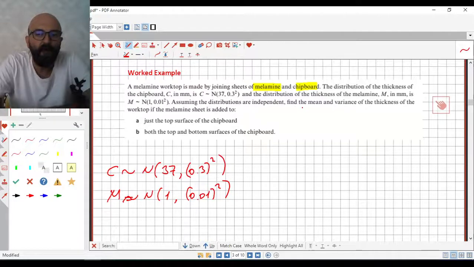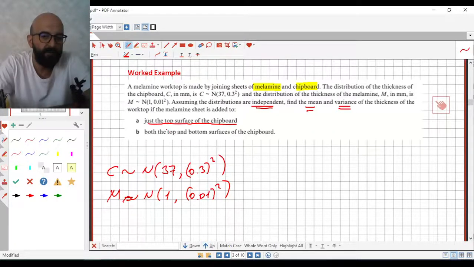Assuming the distributions are independent, find the mean and variance of the thickness of the worktop if the melamine sheet is added to just the top surface of the chipboard.